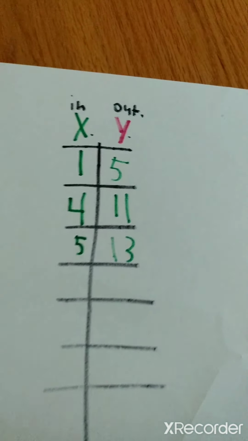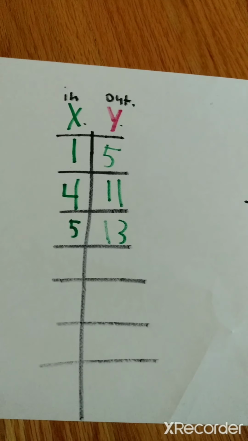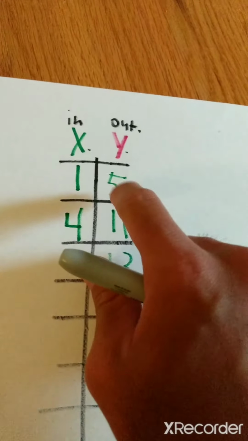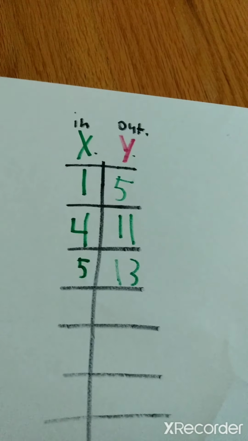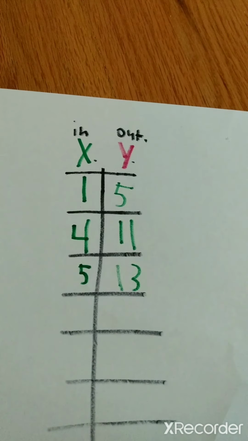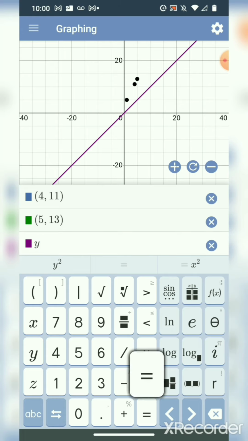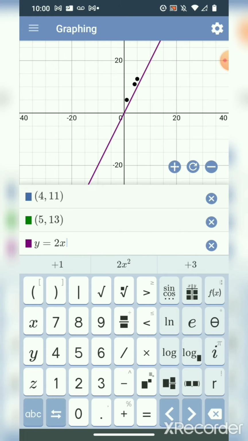So yay! We have now gathered all the parts we need. Now we can put these on the graph and see what our slope looks like. We have all the points that we need on the graph. And when we have the equation y equals 2x plus 3, all the dots on the graph are on the line.